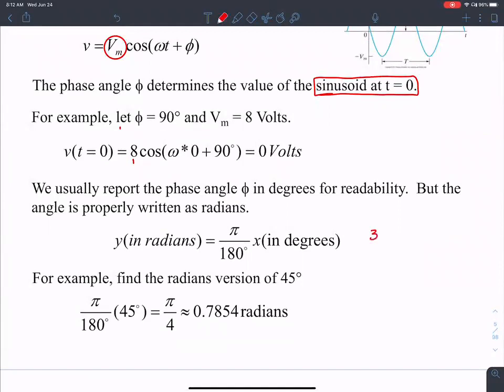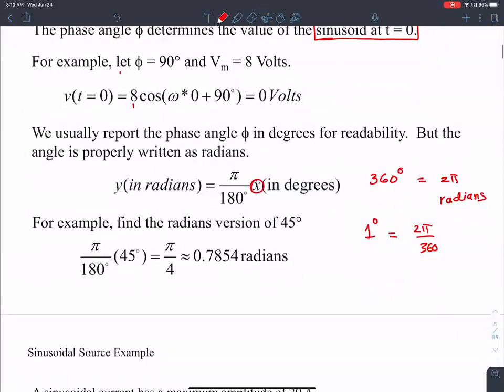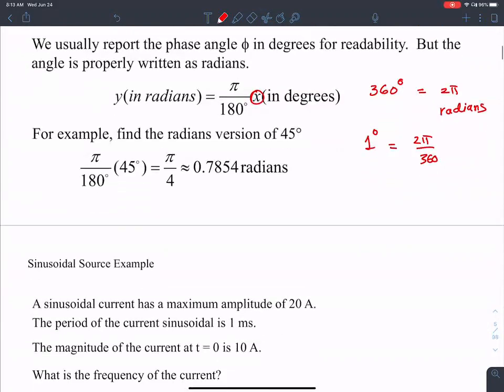What you want to remember is 360 degrees corresponds to 2 pi radians. 1 degree is 2 pi over 360. We can use this relation to find the number of radians that correspond to a degree.